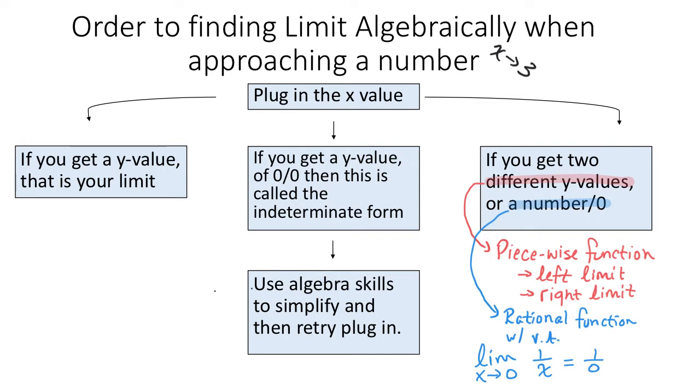This is true because at 0, the function 1 over x has a vertical asymptote, and we say that the limit does not exist here. In fact, for anything in this category, if you get two different y values or if you get a number over 0, you'll always use the expression does not exist.